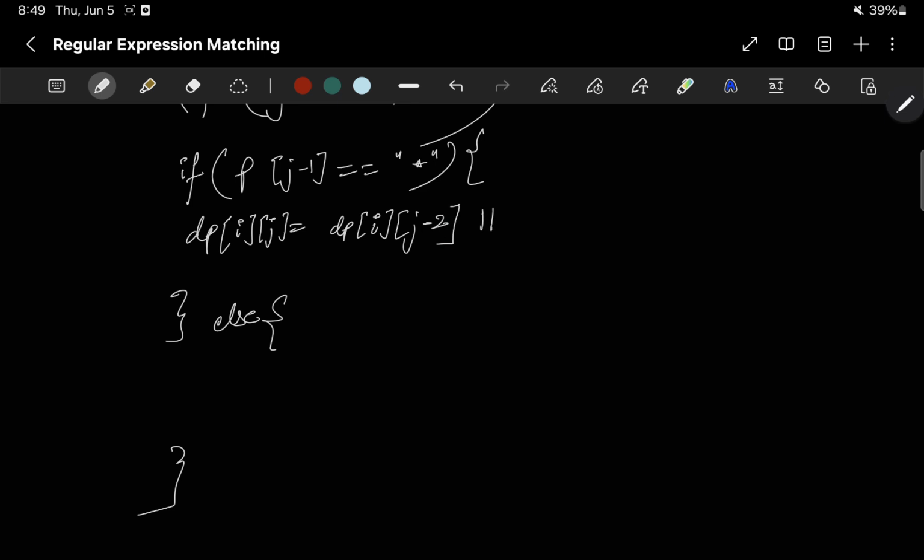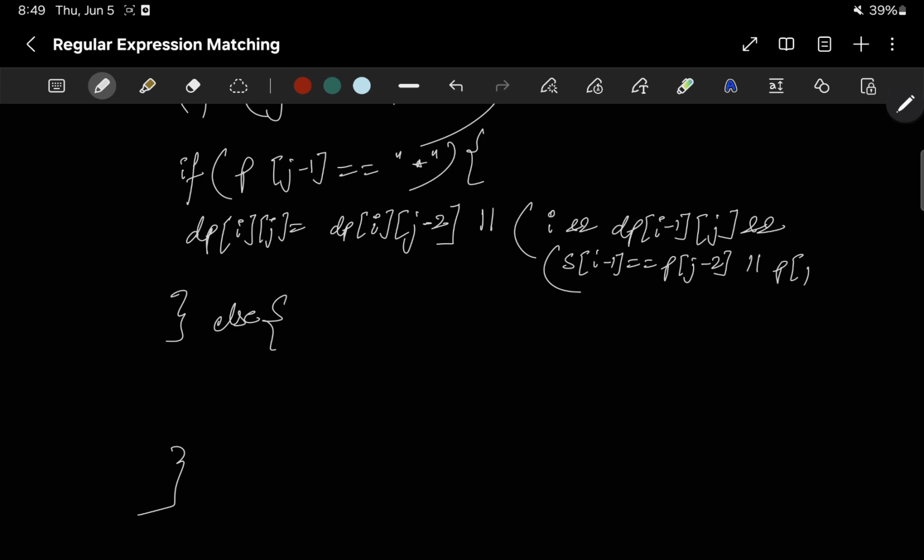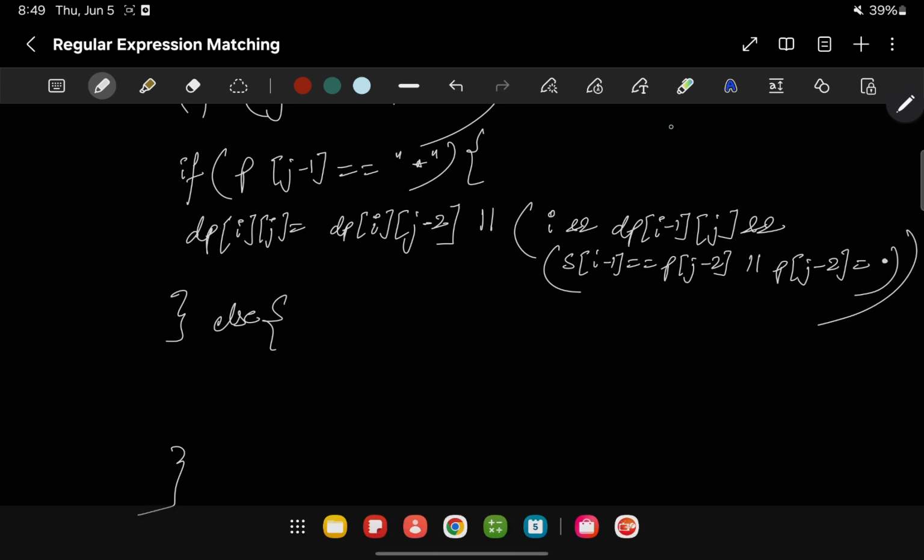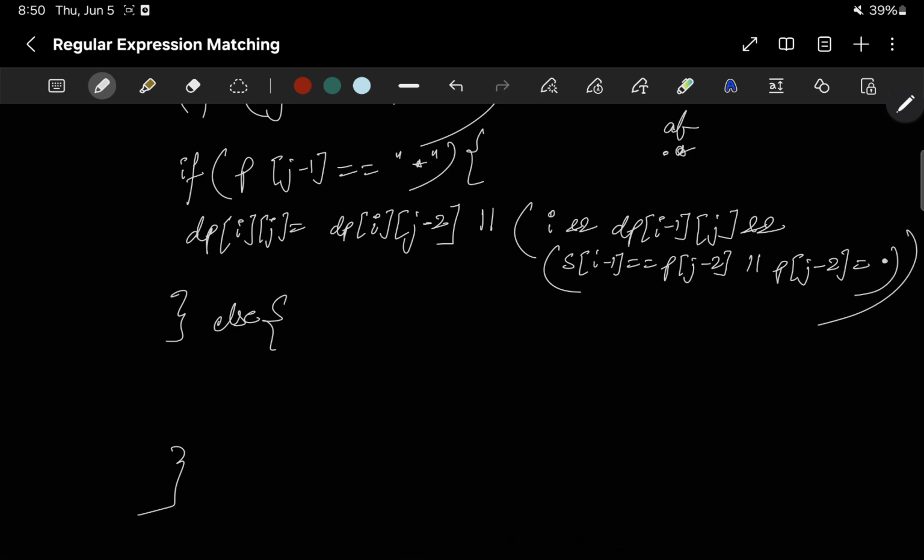If it does not match, then we will do OR with i, and i means we want to make sure i is greater than 0, because we are going to access i minus 1. dp of i minus 1 j and s of i minus 1 equals p of j minus 2, or p of j minus 2 is a dot. Even if it's a dot, we'll match, right? We had discussed this. If it's a b and dot star, we'll match, right? So that's why. So this is what we do there.